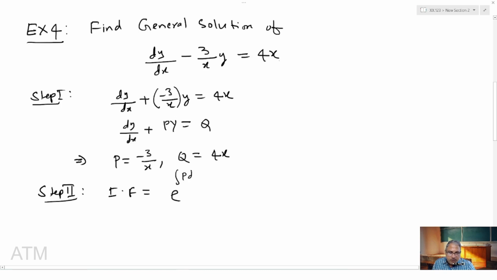Step 2, we need to find the integrating factor. The integrating factor equals e raised to integration of p dx, that is e raised to integration of minus 3 upon x with respect to x, that equals e raised to minus 3 taken outside, 1 upon x dx, that equals e raised to minus 3 log x.